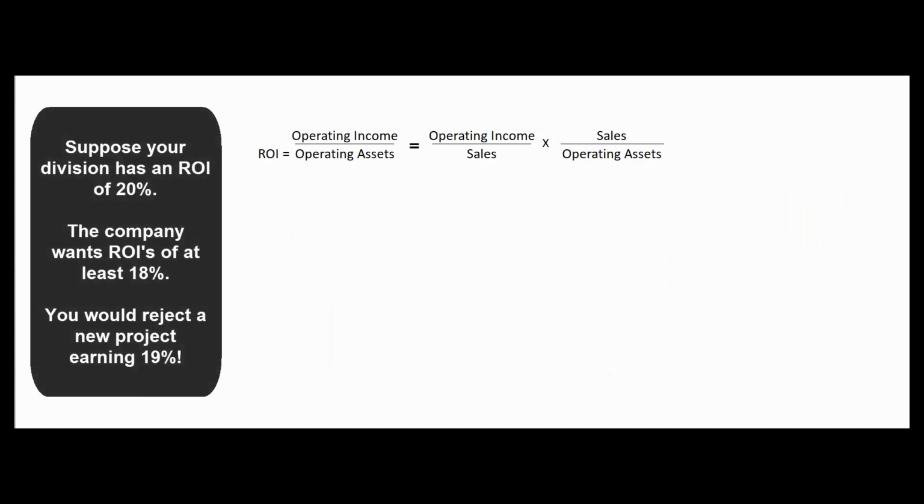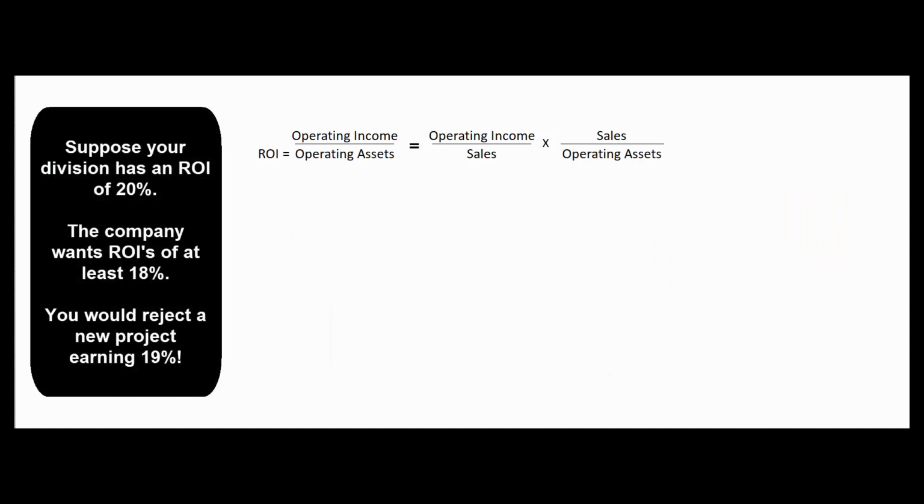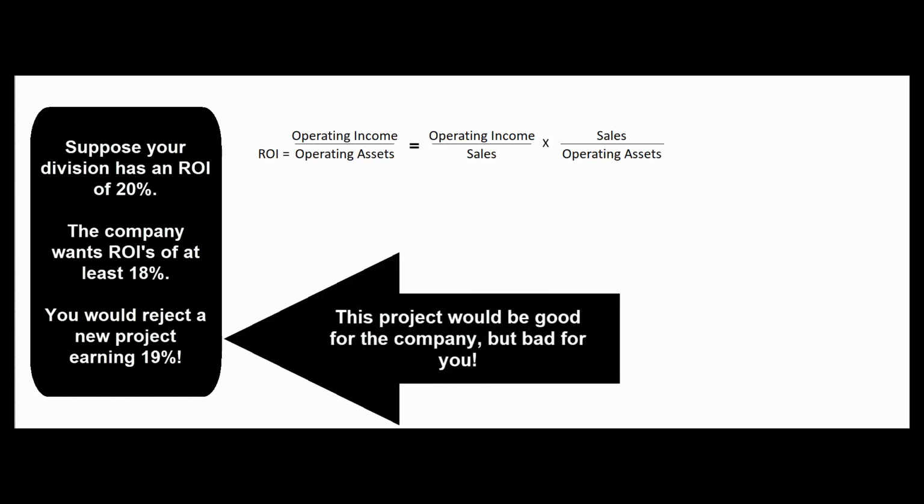And speaking of bonuses, suppose your division is the star of the company and you routinely earn 20% ROI on your projects, even though the hurdle rate, the target rate for your company is 18%. So a project comes your way that's going to earn 19%, you would decline it because it would reduce your overall return on investment.